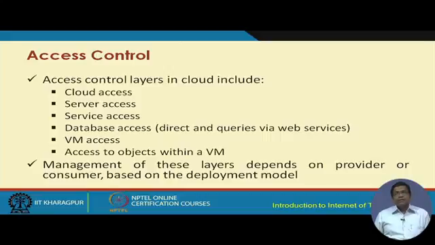Access control layers in cloud include cloud access, server level access, service level access, database access, both directly and indirectly. Directly, the queries should be sent via web services. Then VM access, virtual machine level access, and access to objects within a virtual machine. The control of access to these different layers has to be taken care of. Management of these layers depends on the provider or the consumer based on the deployment model.